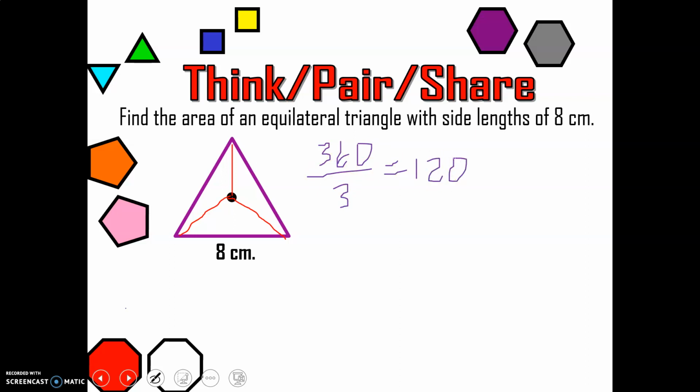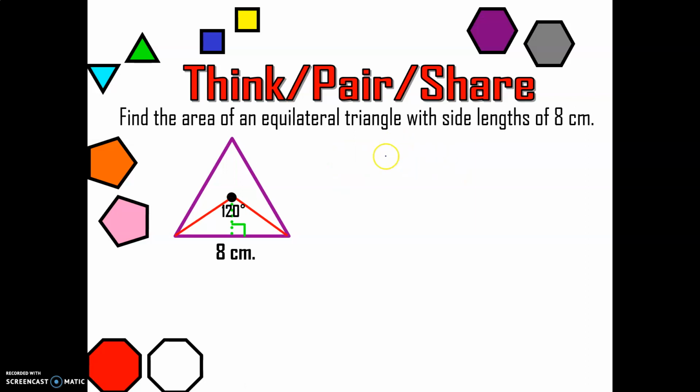So that means our central angles are 120 each. So you have 120 here, and that would repeat for the other two triangles that you're not going to see here. All right, but remember, that's a big isosceles triangle, so when we drop our apothem straight down, we're going to get a right triangle. And cutting that 120-degree angle in half gives us 60. Cutting the 8 right here gives us 4.